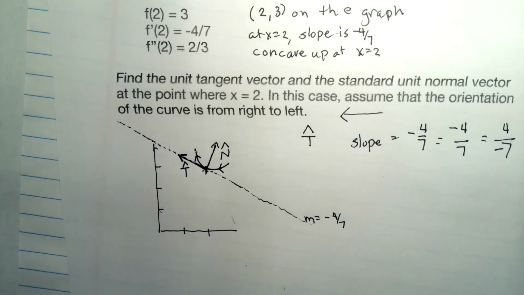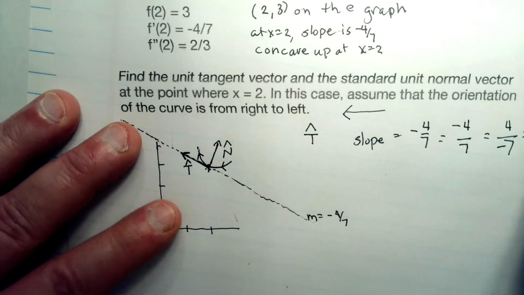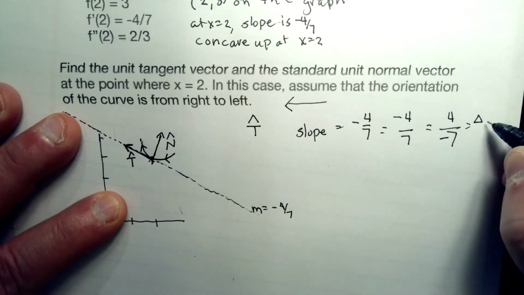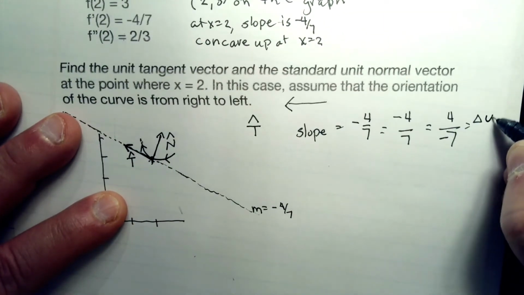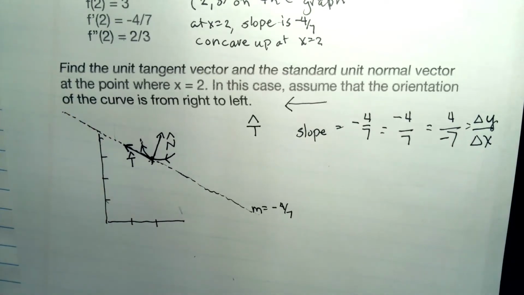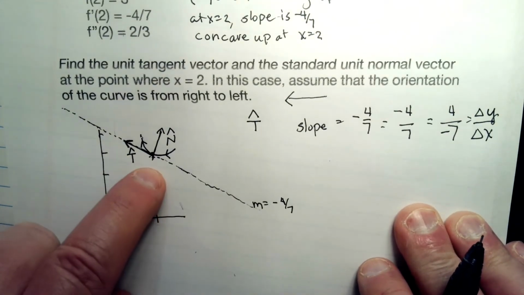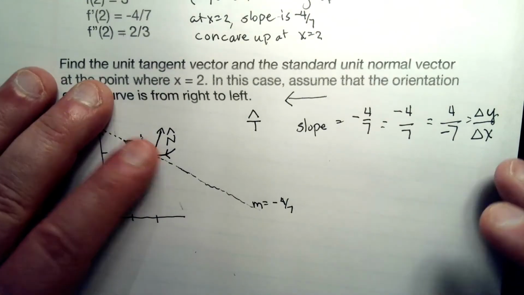Well, let's see. Remember that when we're talking about the slope, the numerator gives us a change in y, and the denominator gives us a change in x. Well, look at what's going on here. Our unit tangent vector is pointing in this direction.